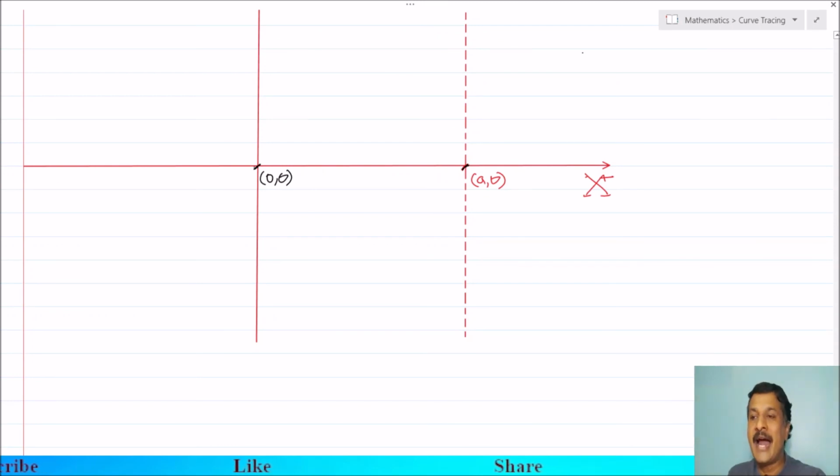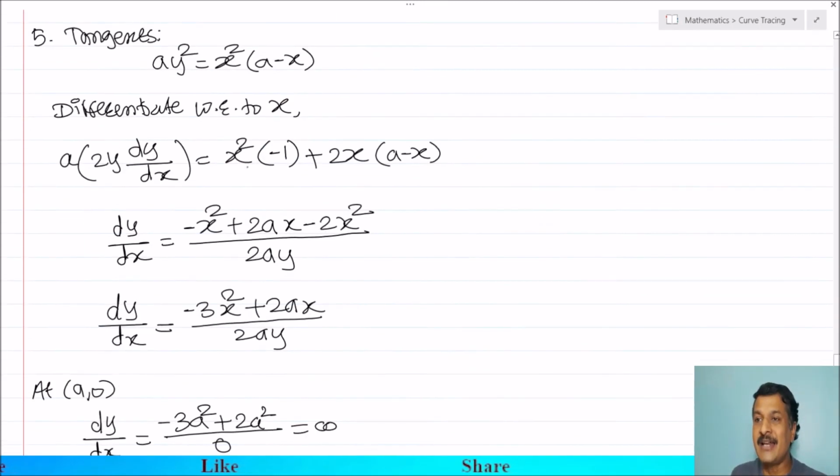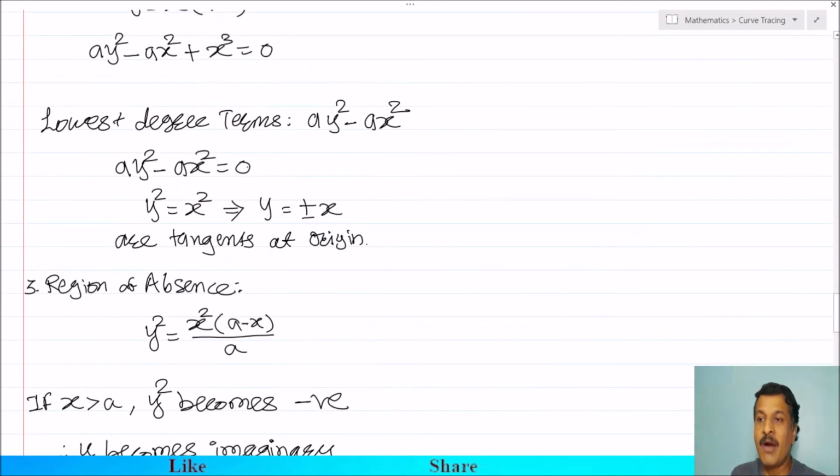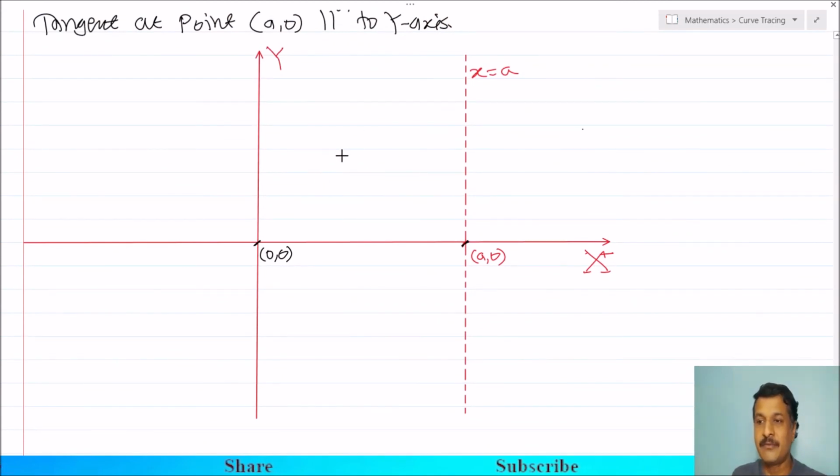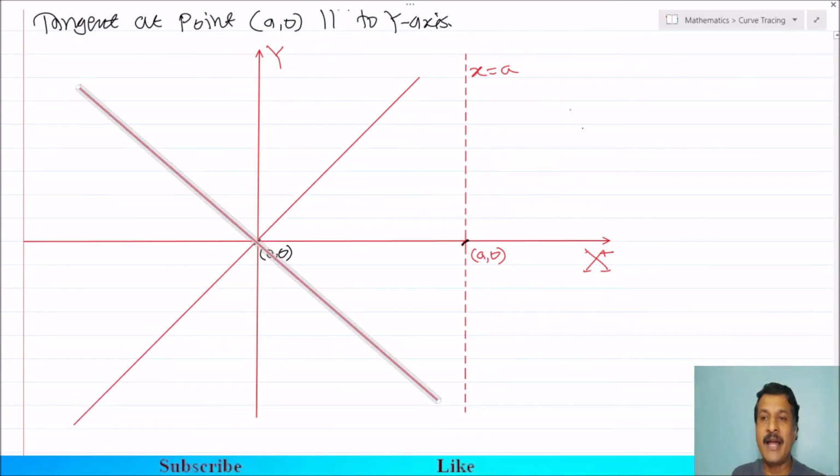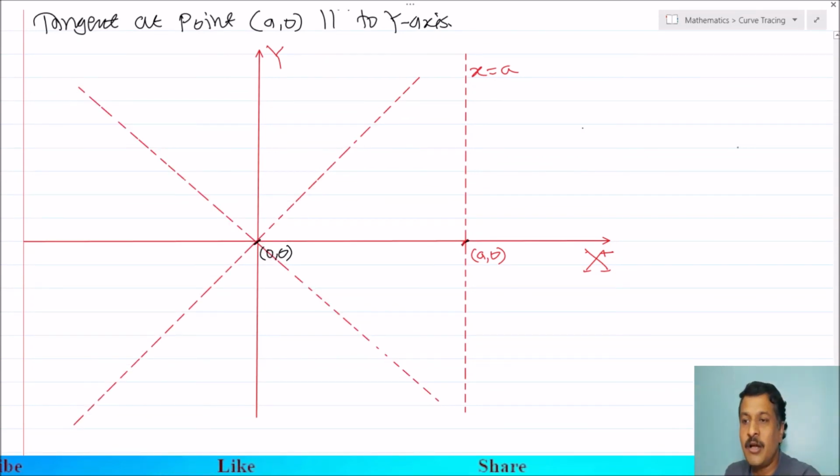At (0, 0) the tangents are y equal to plus x and y equal to minus x. Two tangents are there. You know which is the line y equal to x, and this is y equal to minus x.